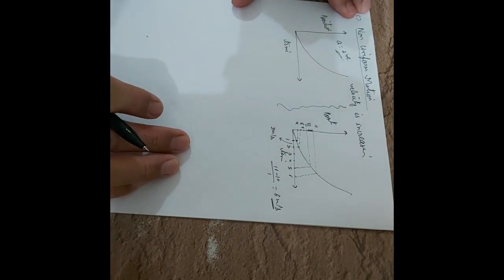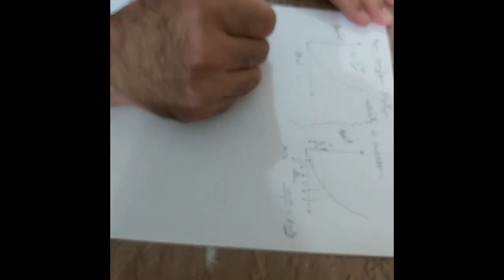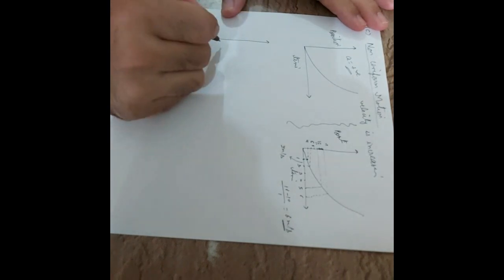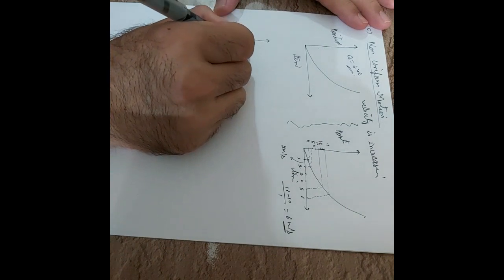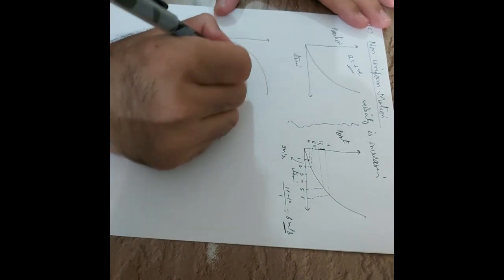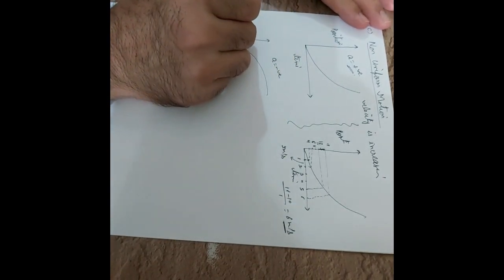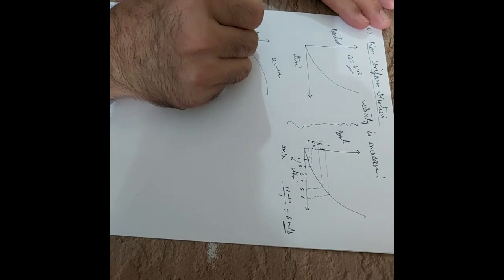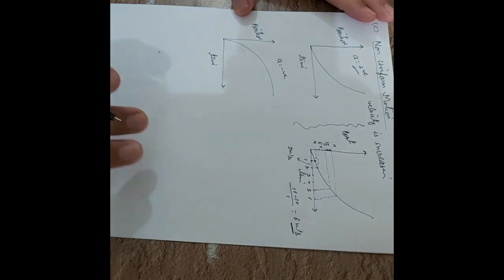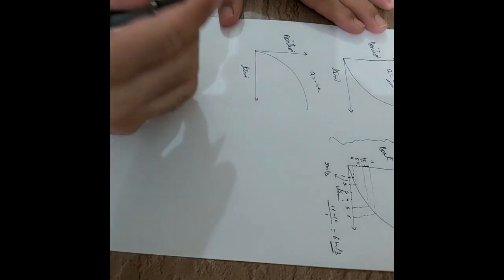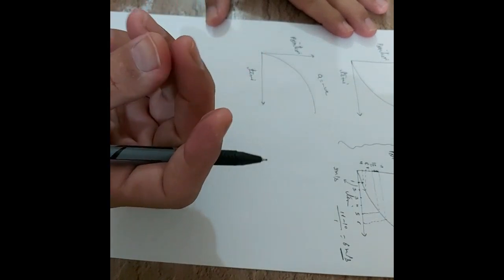So non-uniform motion, for positive acceleration, graph will be this, and for negative acceleration, position time graph is this, right? It is representing non-uniform motion.